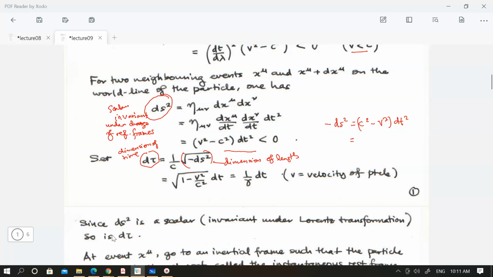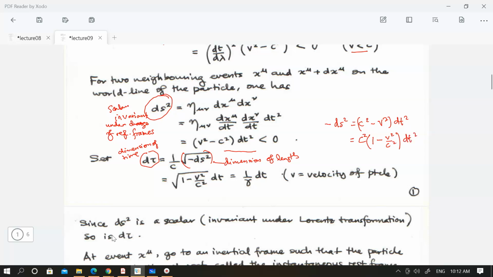So this I bring out c, so this will give you 1 minus v squared on c squared dt squared.